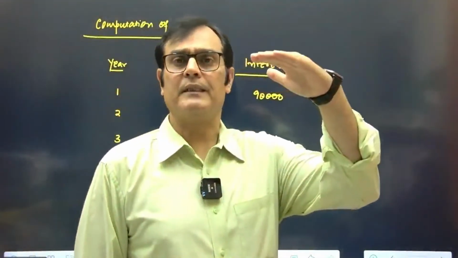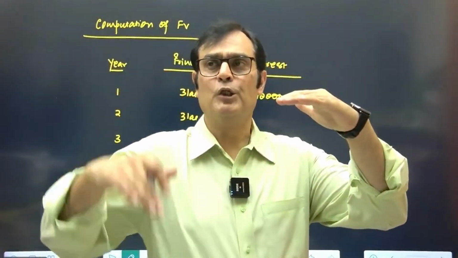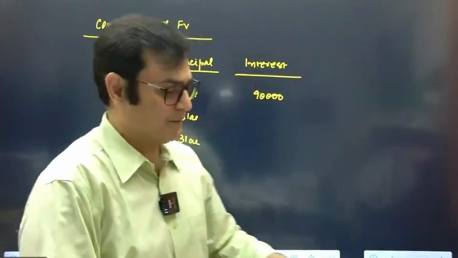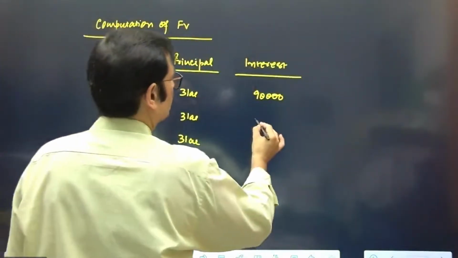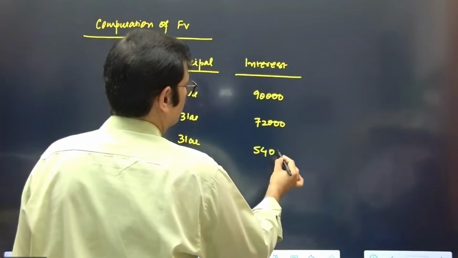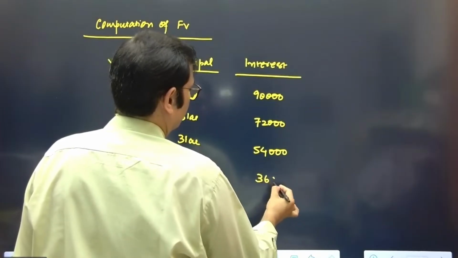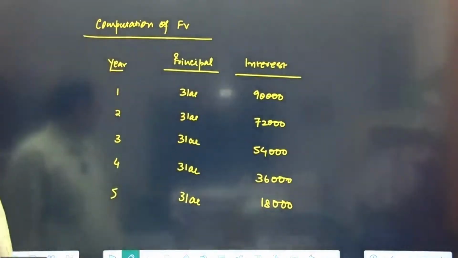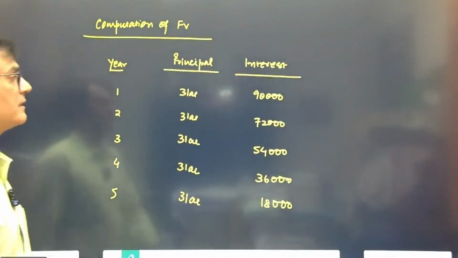Because your principal money is being paid 1/5 every year. So can I say the outstanding interest will also keep reducing 1/5 every year? So the interest is going to be 72. Keep reducing by 18, it is 54. Then it becomes 36. And then it becomes 18. So let's now take the sum total of this.